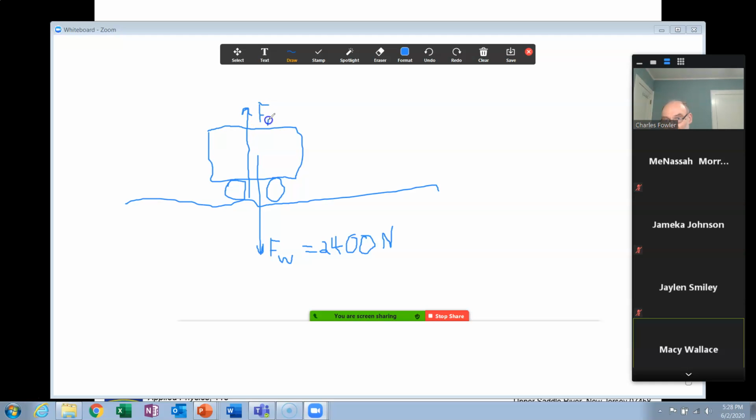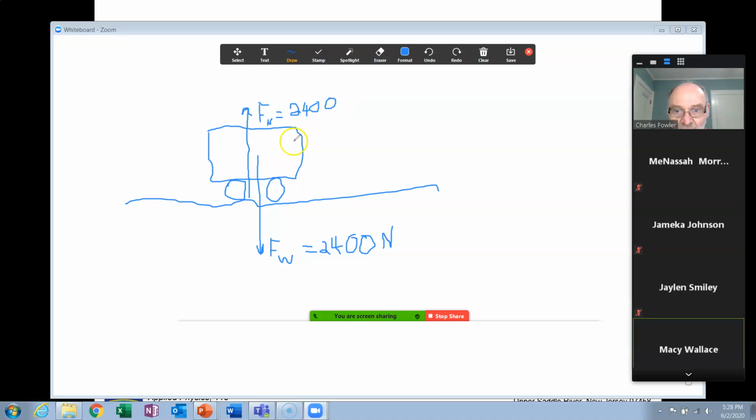So this is the normal force, and that must also be 2,400 newtons. Now you might say, why don't we just use weight? Well, the formula doesn't use weight, it uses normal force. And by the way, the basic equation is at the top of the page.